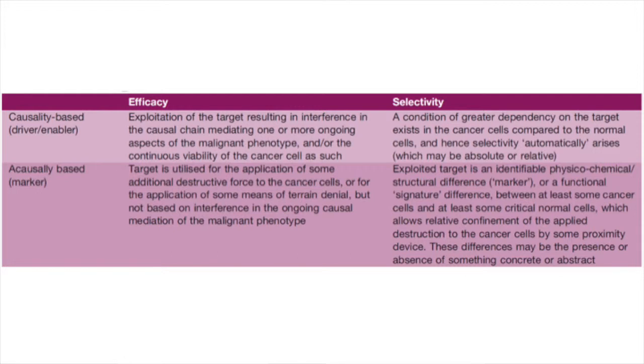Unfortunately, some of the causal mediators of malignancy are also functional to some extent in normal tissues, so causality inhibition does not guarantee lack of toxicity. However, to the extent that cancer cells depend more on these pathways than normal cells, some degree of selectivity can be obtained. A good example is imatinib in chronic myeloid leukemia.